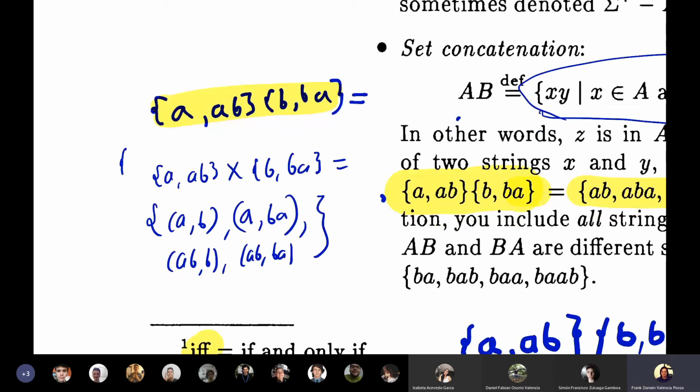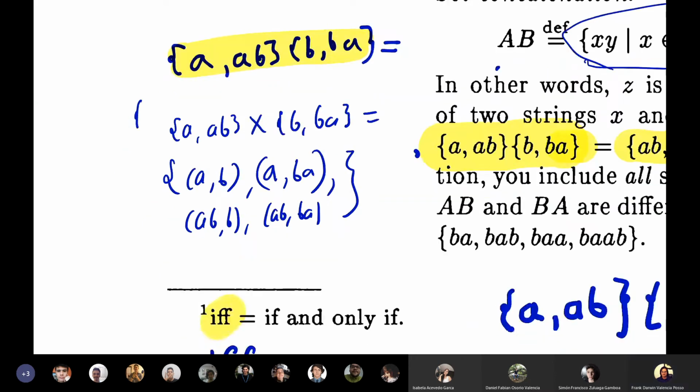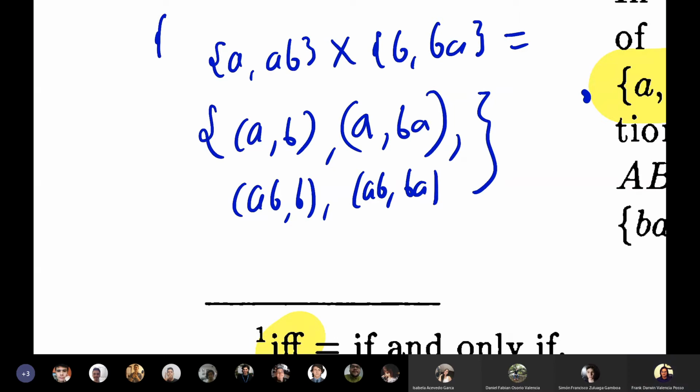Although you might wonder the following question, now that you know this. Is the cardinality of A concatenated with B the same as the cardinality of A Cartesian product with B?